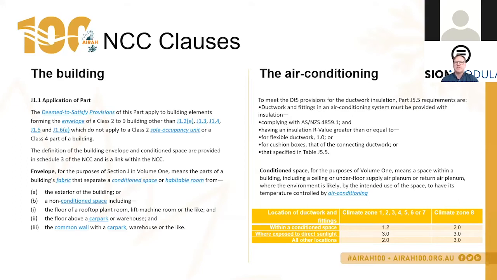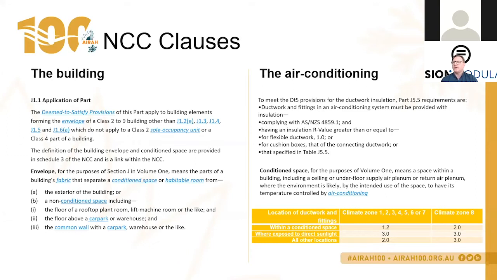The air-conditioned space is where we're applying active air conditioning to a space, while a conditioned space may not have active air conditioning applied to it. So we have to look at the ductwork for an air conditioning system and where it sits within the conditioned space and comply with the Australian Standard 4859.